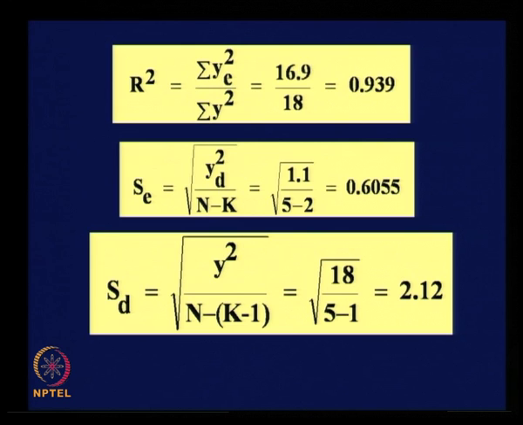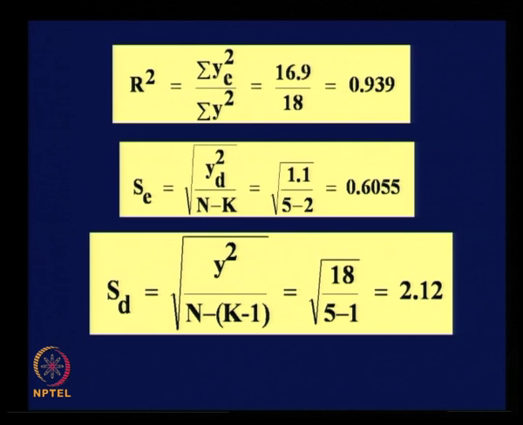Will you be able to perceive physically what we really mean by SE and SD? What is standard deviation in general? The level of scatter of observed values with respect to the mean, isn't it?